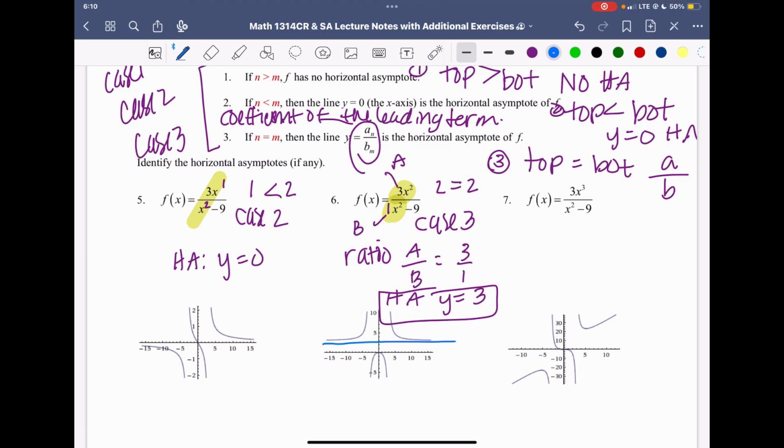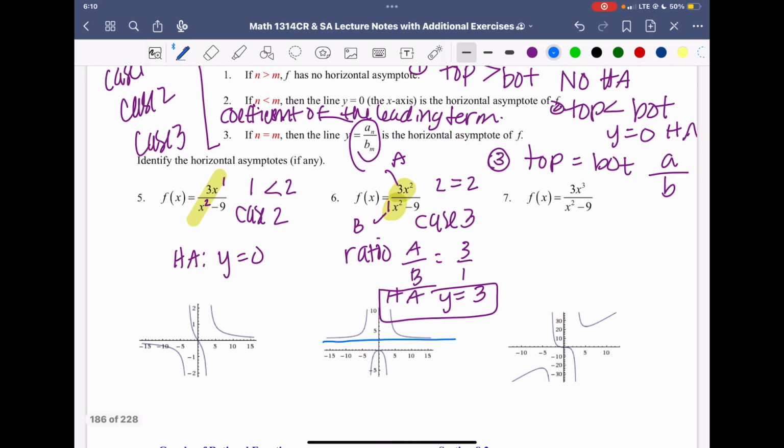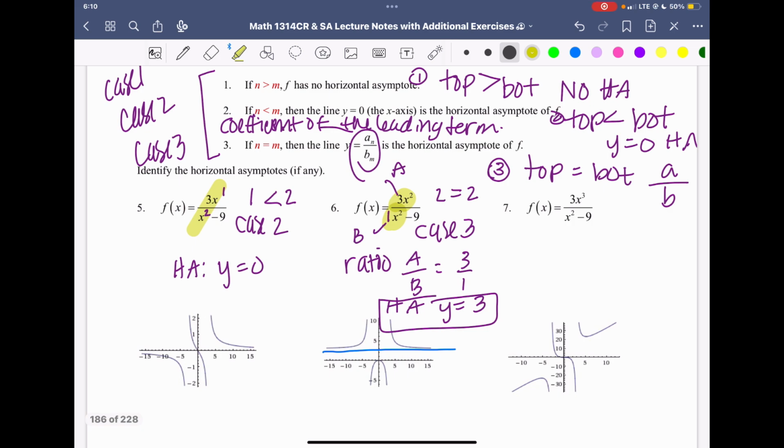Then number 7. What is this? Number 7. Where the top is greater than the bottom. So it's 3 and 2.